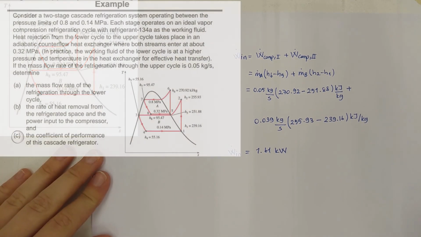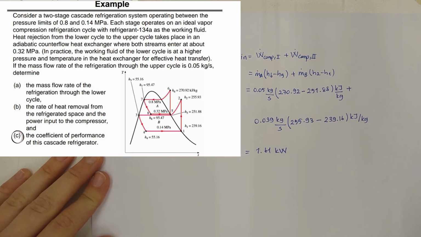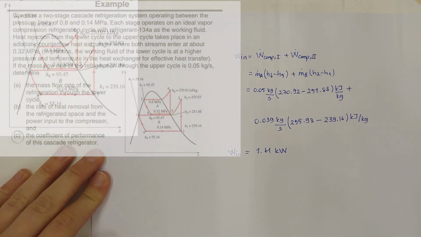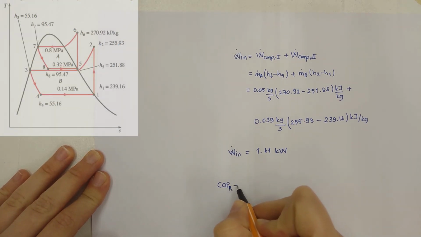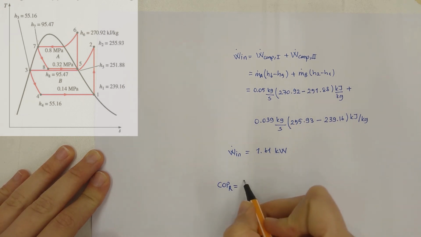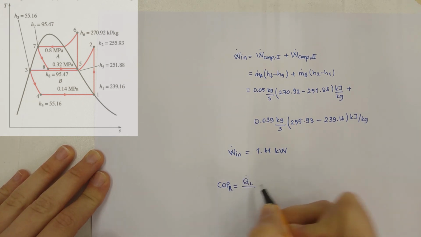Our last step is finding the COP for the refrigerator system. COP for the refrigerator system equals QL over net work input.